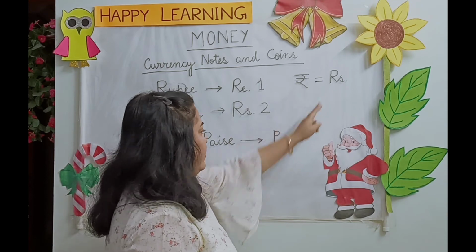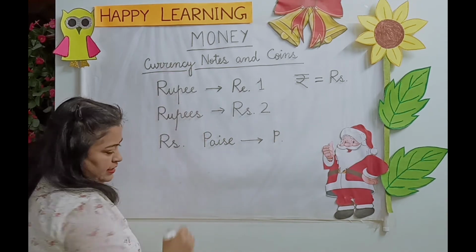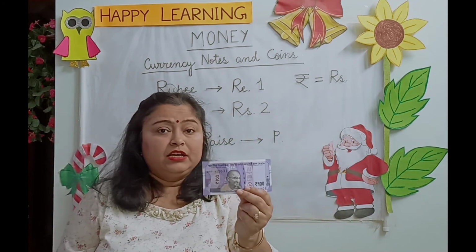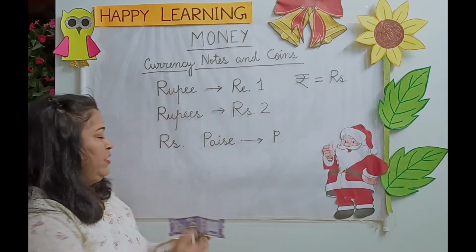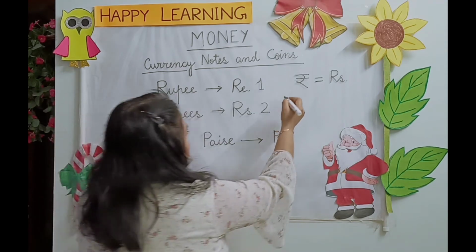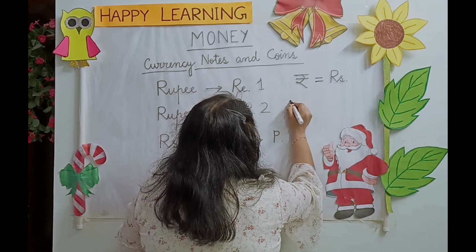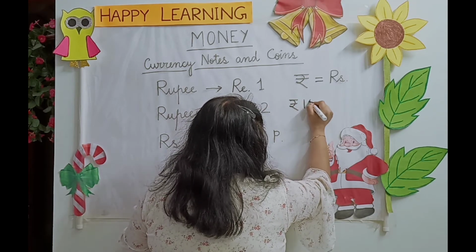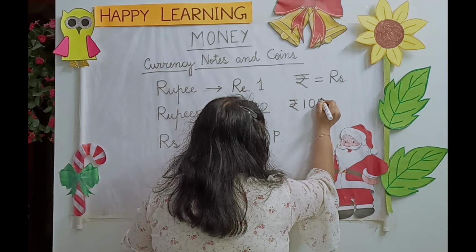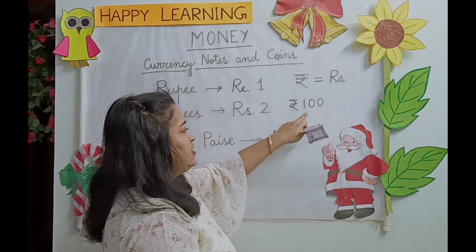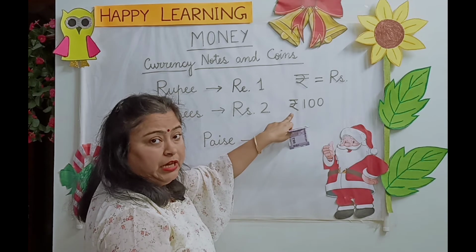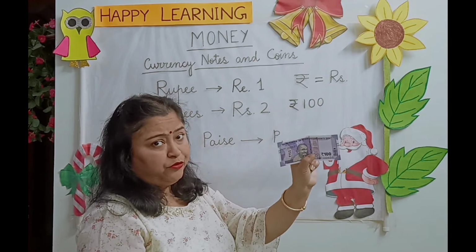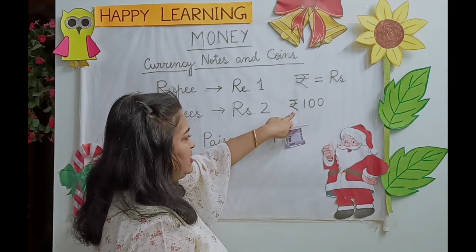So we can write any number like this. If we want to write rupees 100, how can you write it? We will write it like this. Rupees 100. Always use the symbol before the number. Before the value of rupees, you will write this symbol here.